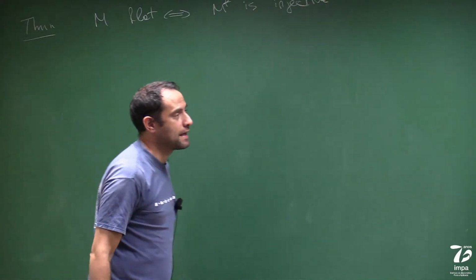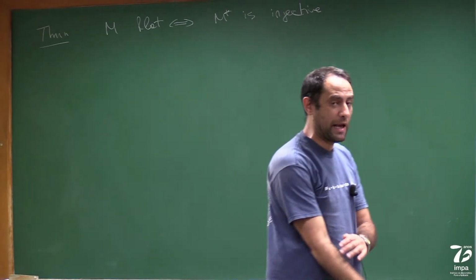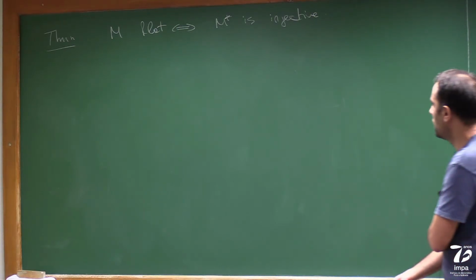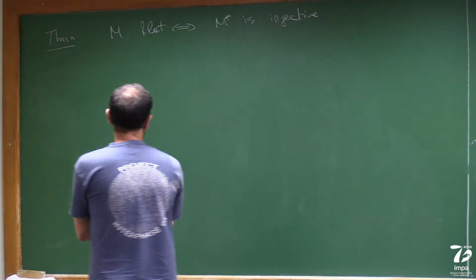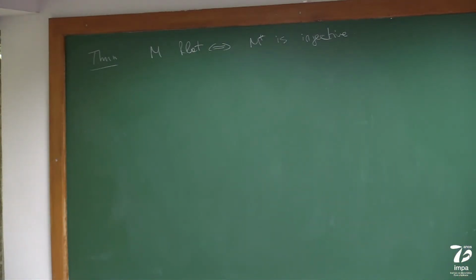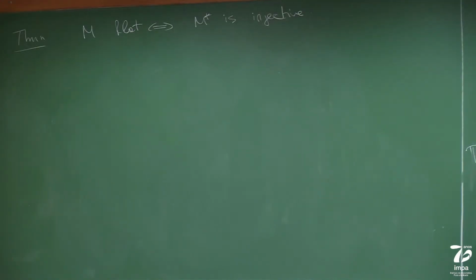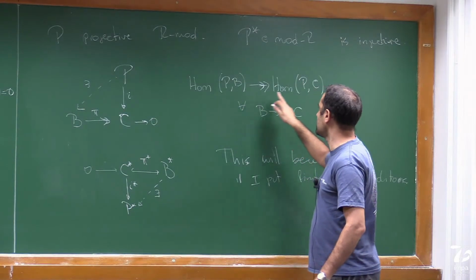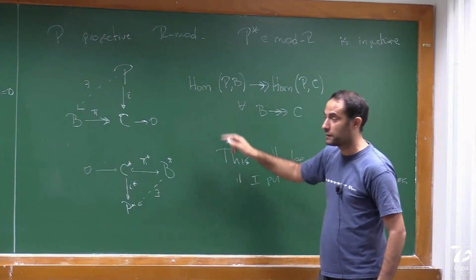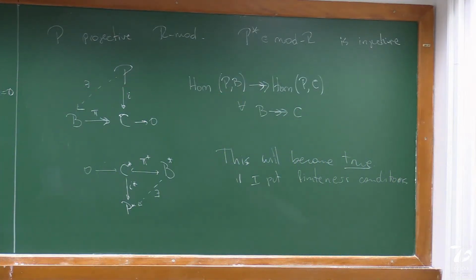In particular, we've seen that M projective implies M is flat, and so the dual is injective. Okay, so I've taken the time to state this here. The fact that this Hom is surjective is the property that P is projective. Of course, injectivity can be stated in the same way.